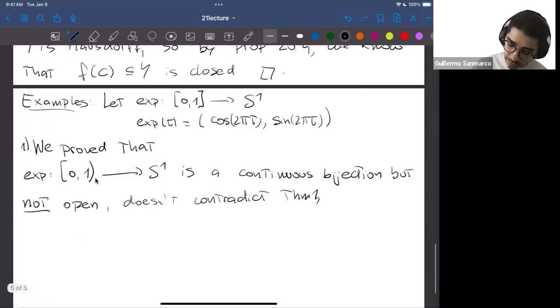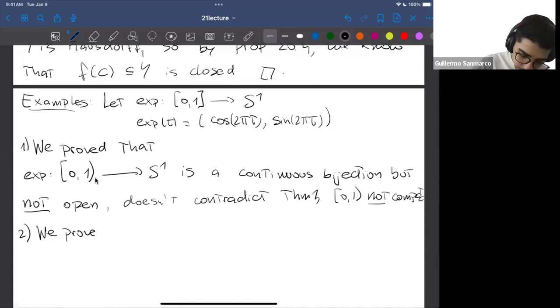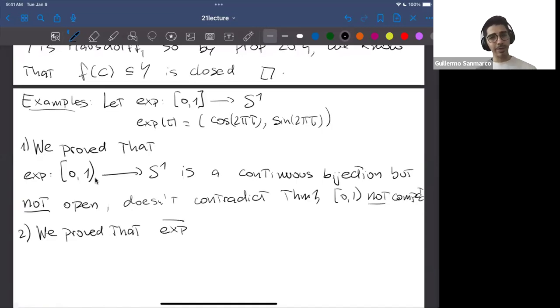Because what's going on here is that [0,1) is not compact, and that we know. Okay, however, we proved that this exponential function, I'm using bar, you know that's coming from quotients, descends to the quotient of the closed interval where I identify 0 with 1.